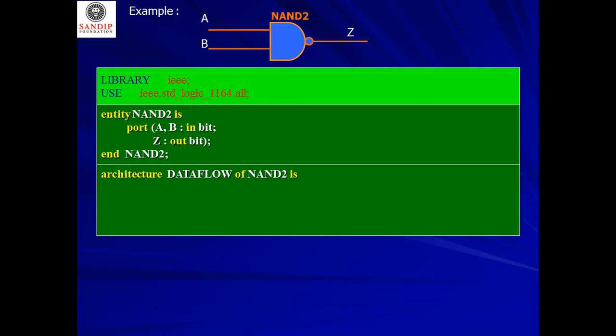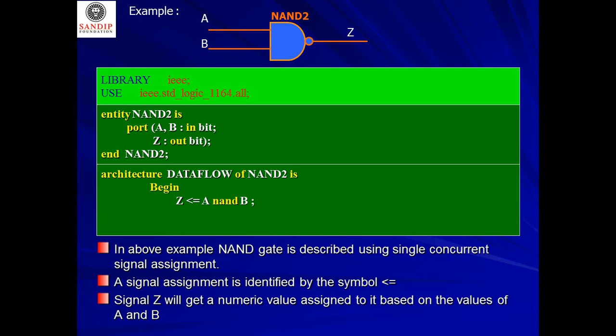Here, as the name of the architecture we write data flow, as we are using the data flow modeling style. Otherwise you can use your own user defined name. Data flow modeling always starts with begin, but after begin you have to write the concurrent assignment statement by using operators or concurrent signal assignment statement.